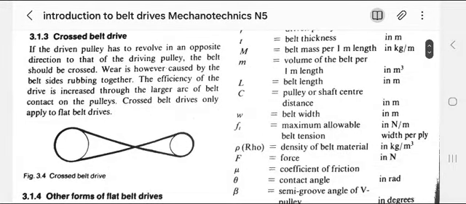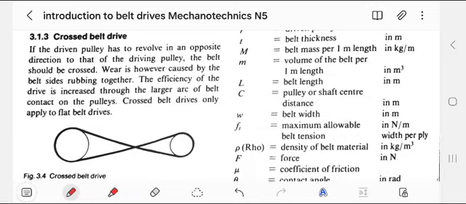3.1.3 cross belt. Let us check here. What do they say? If the driven pulley has to revolve in the opposite direction to that of the driving pulley, the belt should be crossed. There is, however, wear caused by the belt rubbing together. Fine.